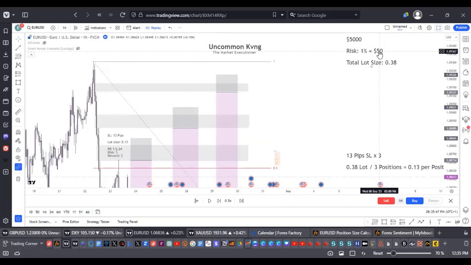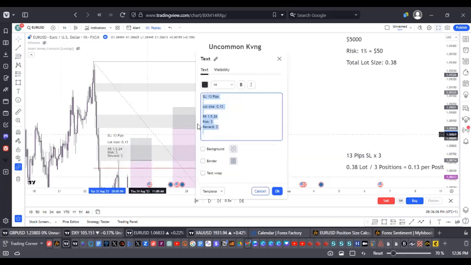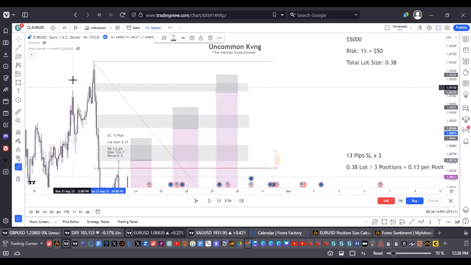To determine how much our one risk would be to the reward that we're trying to get. So $50 divided by 3 will give us $16.7.